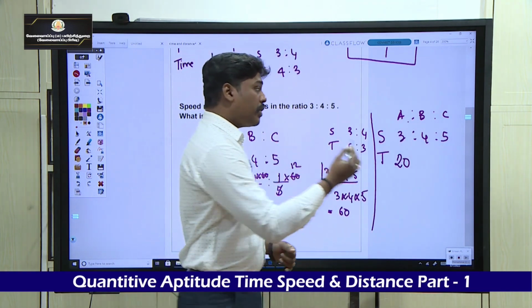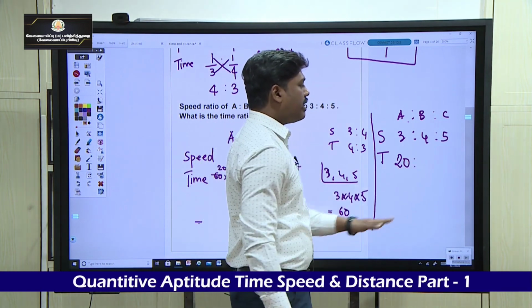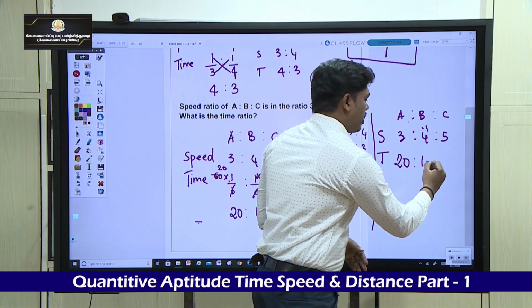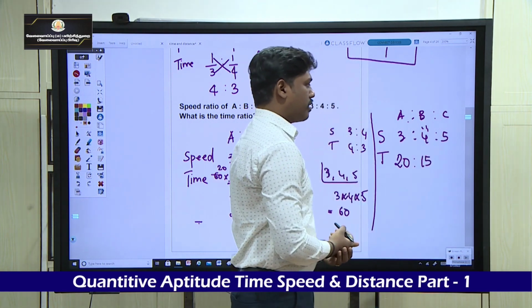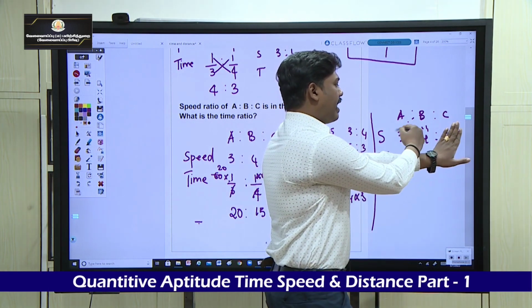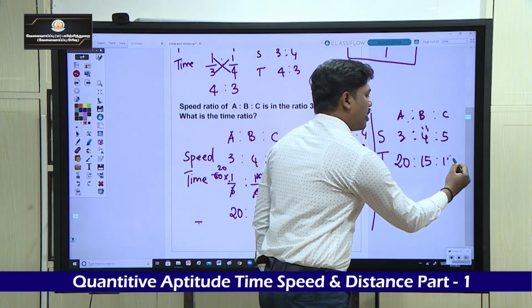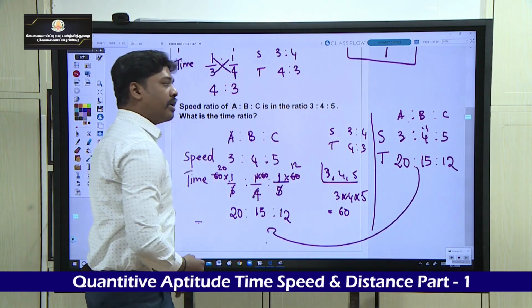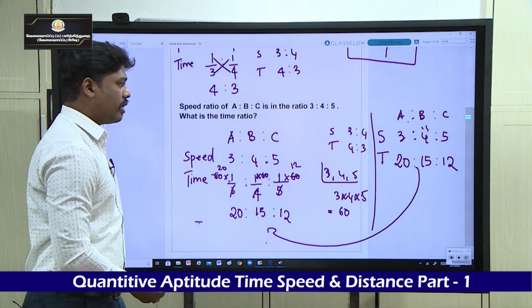To find the time ratio for B, hide the value of B and multiply 3 into 5. You will get 15. For C, hide the C value and multiply 3 and 4, you will get 12. So you get the same values. Is that clear?